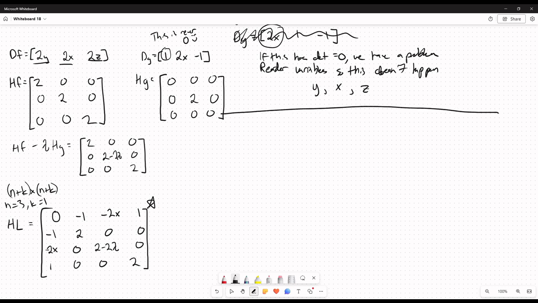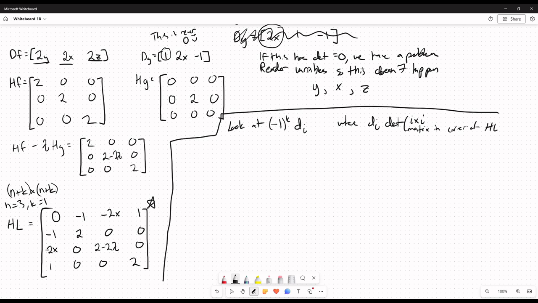Next, we want to look at a sequence of minors, sort of. We're going to look at the sequence negative 1 to the k, D_i, where D_i is the determinant of the i by i matrix in the upper corner of H_L.